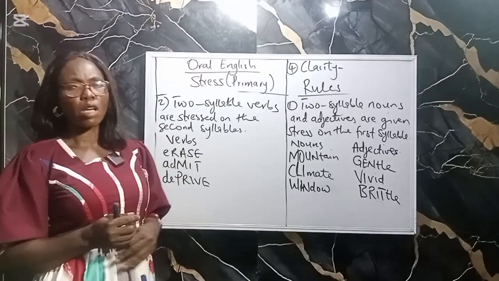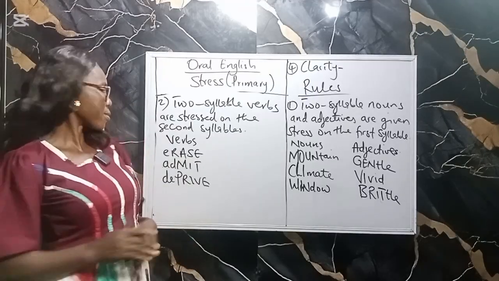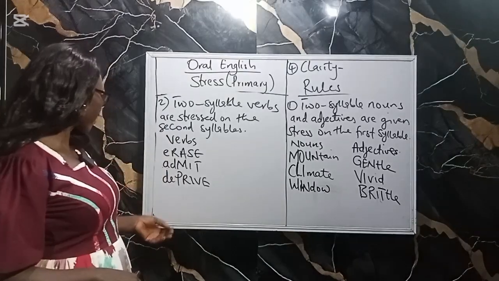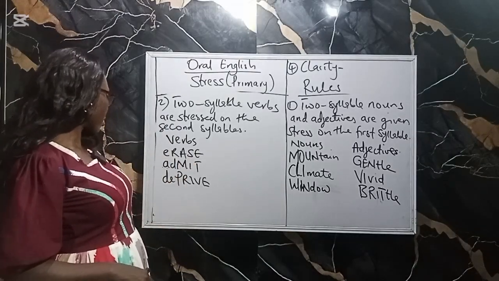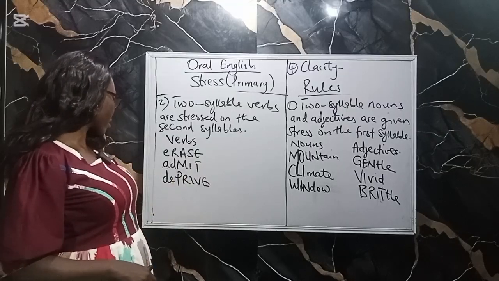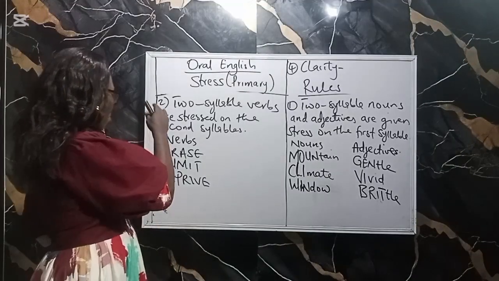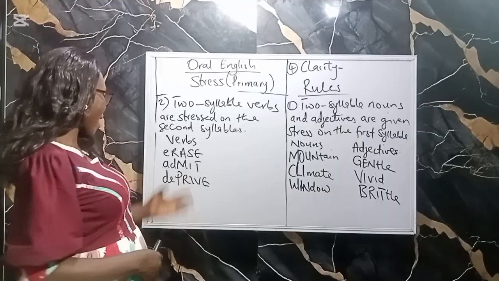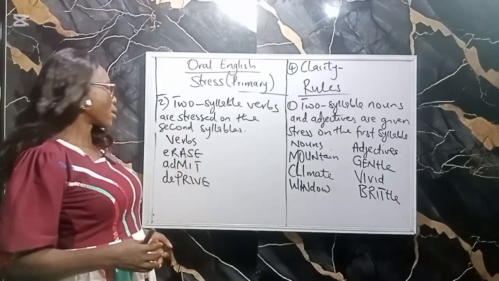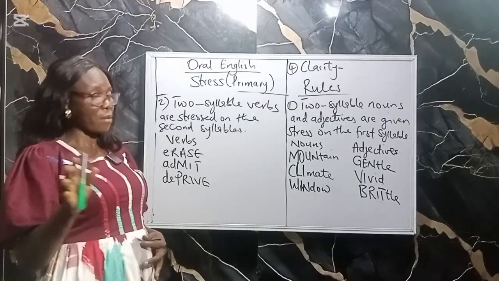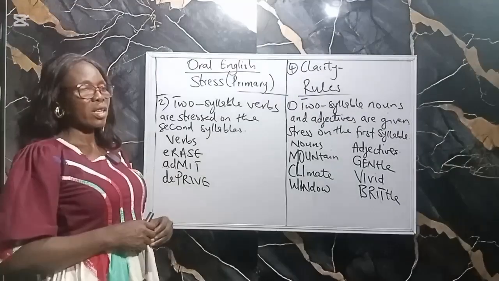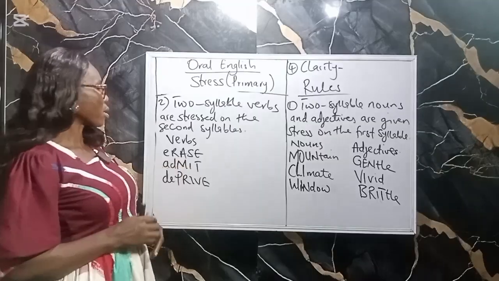These are examples of 2-syllable verbs. Okay, we have erase, admit, deprive. So we can see that the ones that have capital letters are the second syllables. Remember our rubber, you can just stretch the second syllables.